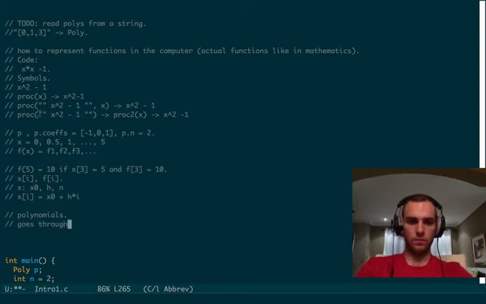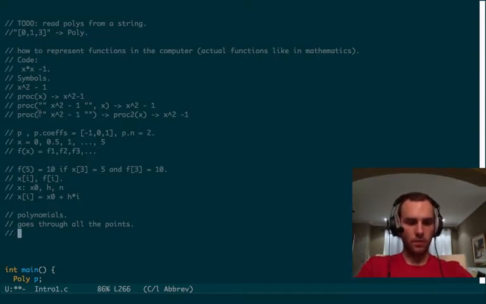It goes through all the points. So if you find an expression that goes through all the points and is a polynomial, you're good. Another requirement is it should have the smallest degree that works.